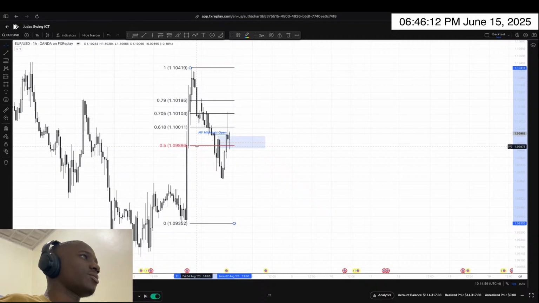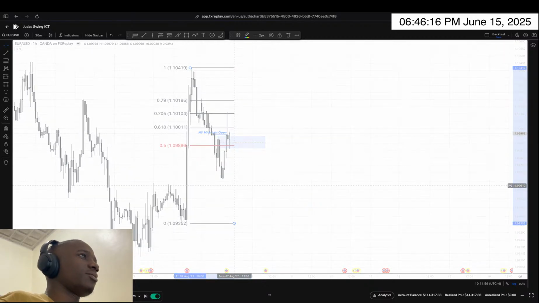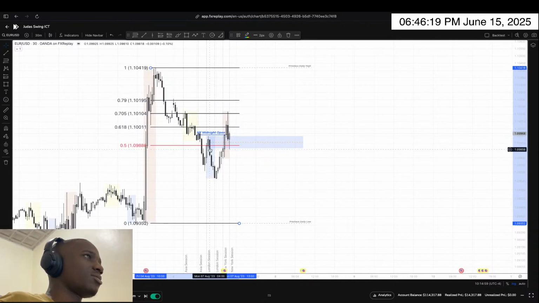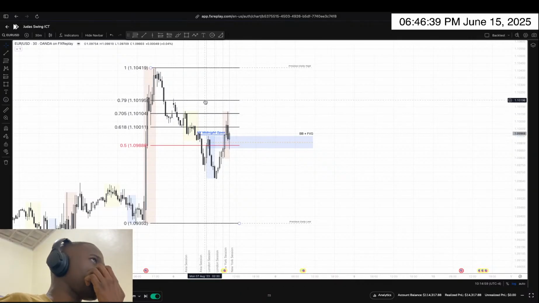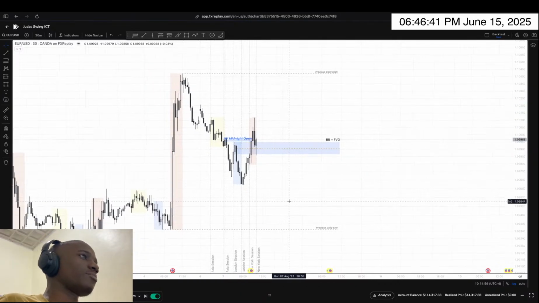You can see we reached into discount, pushed higher, and when we go in the 30 minute, you can see we disrespected this order block and pushed up higher than it using this fair value gap, and respected this fair value gap and this breaker as well, because this is a breaker block. It's a breaker plus fair value gap.